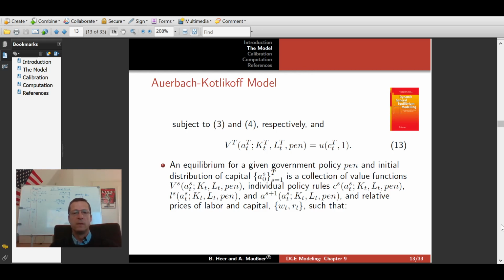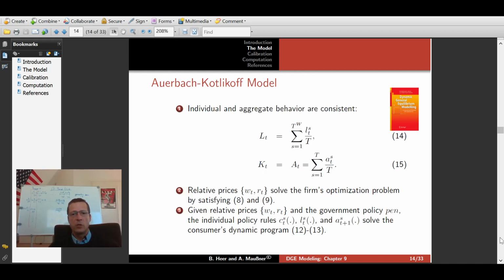And we can define an equilibrium for given government policy, pensions, and initial distribution of capital, a_s,0, as a collection of value functions V_s, individual policy rules: consumption c_s, labor l_s, and next period savings a_s+1, and relative prices of labor and capital, w_t and r_t, such that individual and aggregate behavior are consistent.